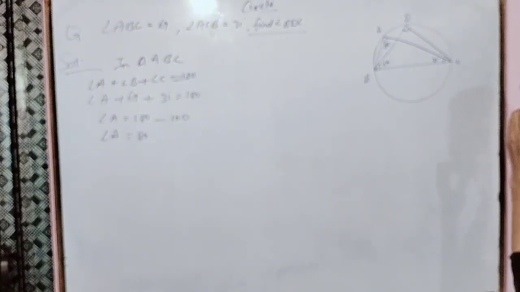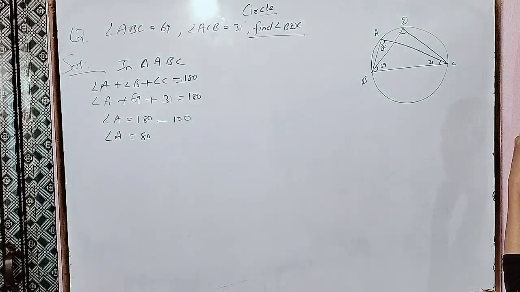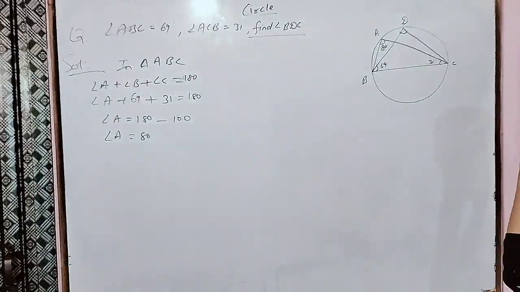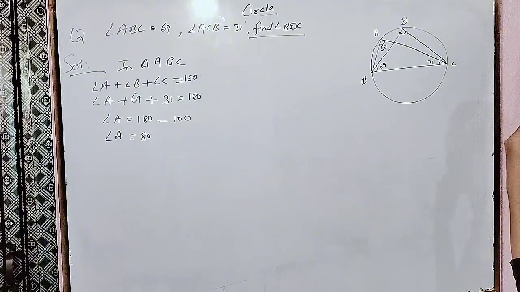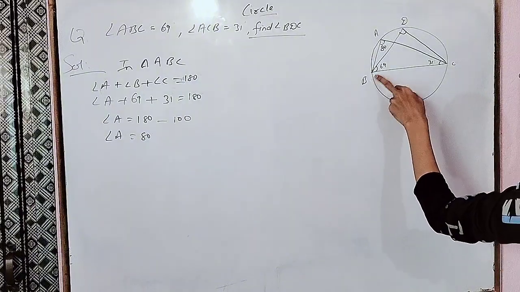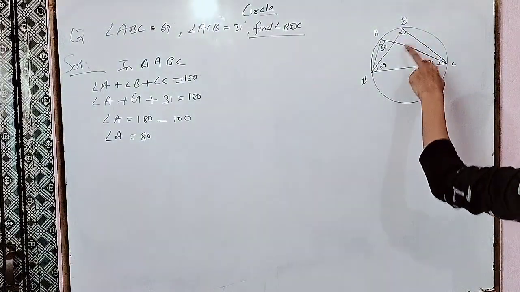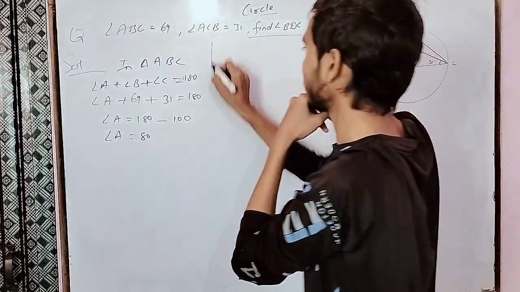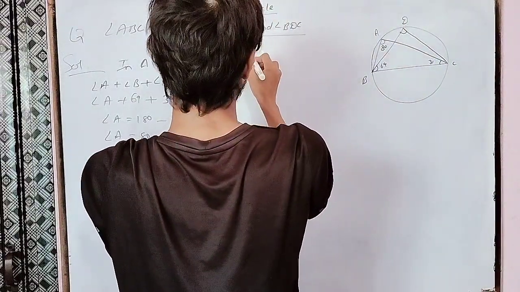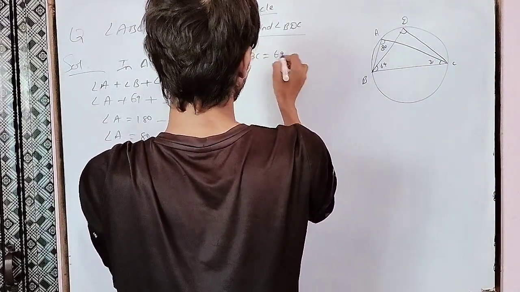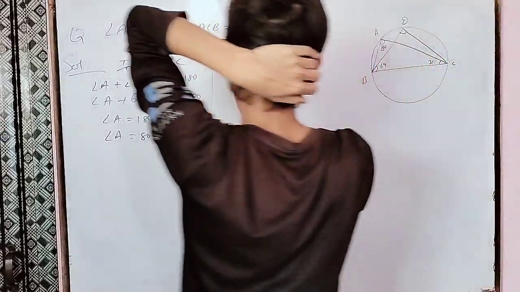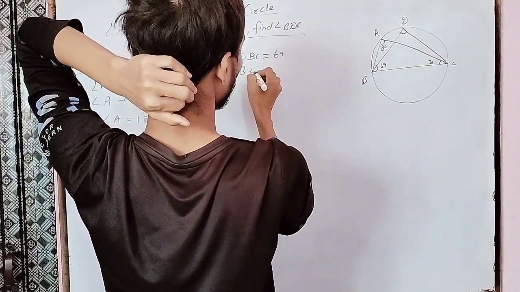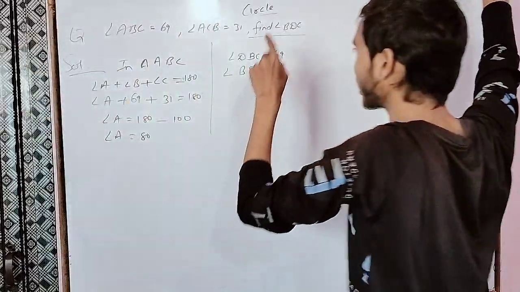How? Can you tell me? First thing, you are clear that angle DBC is 69 degrees. Angle DBC is 69 degrees. We don't know BDC and we have to find this.